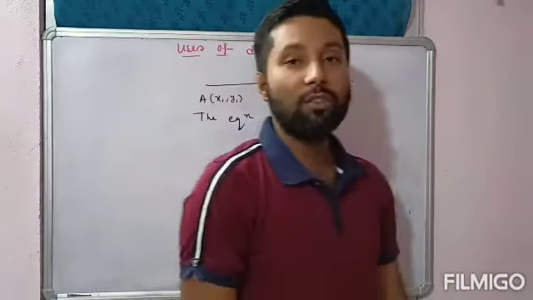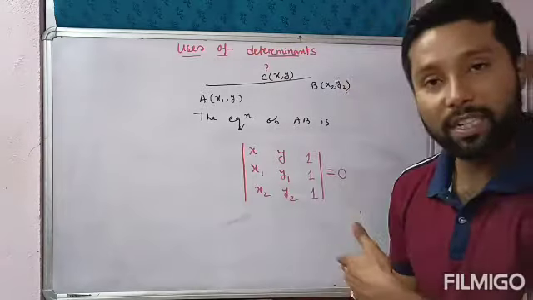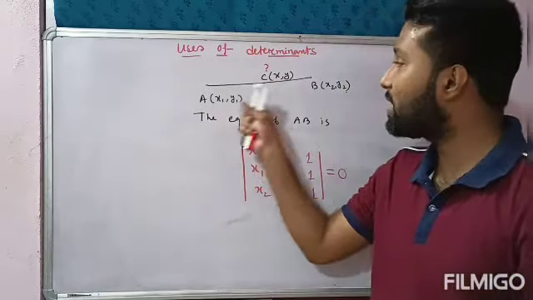Now the question is why I have written equal to 0? Why I have written is equal to 0? Because the 3 points are collinear only.